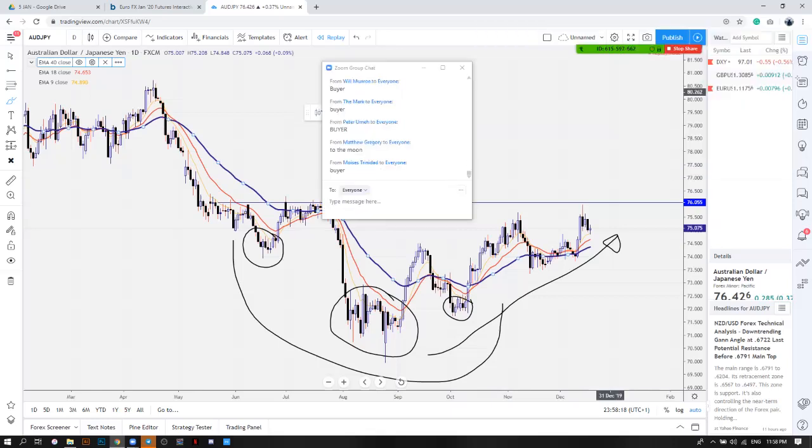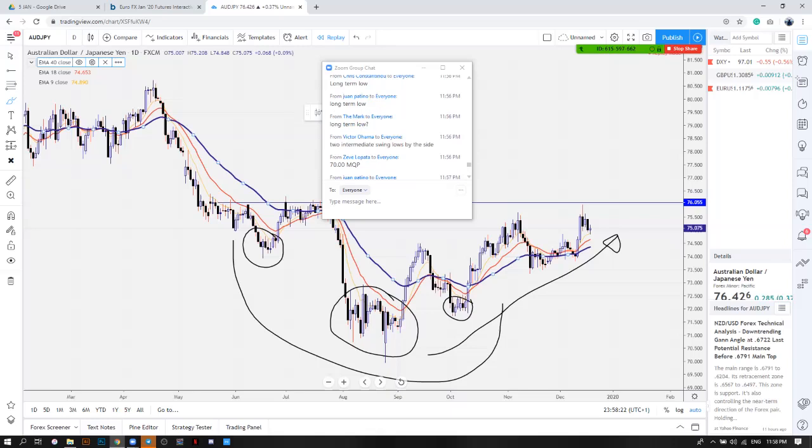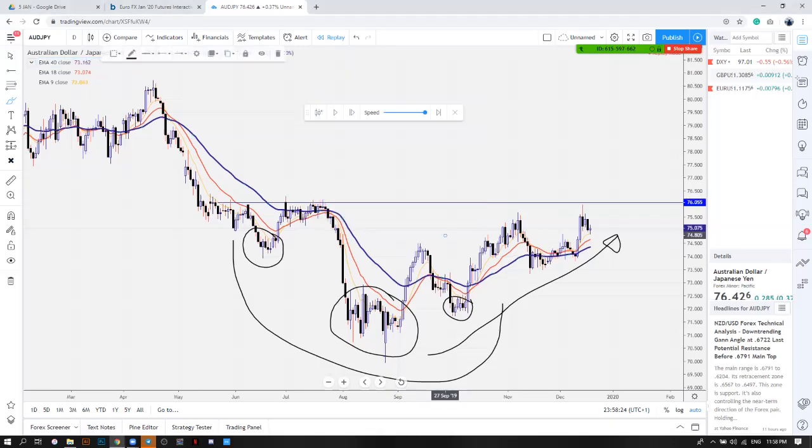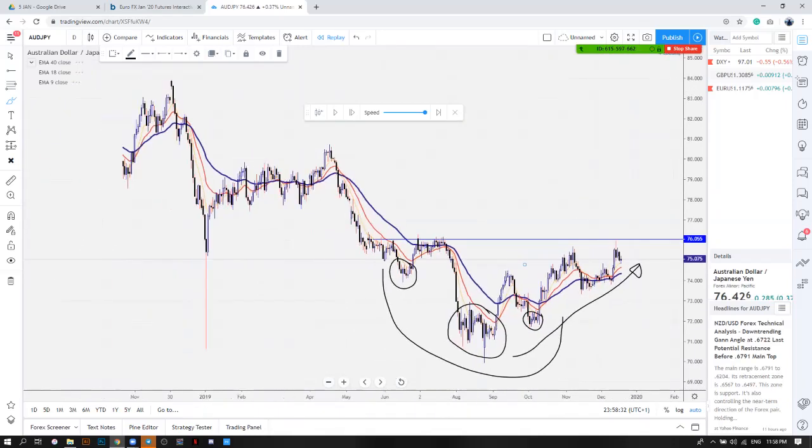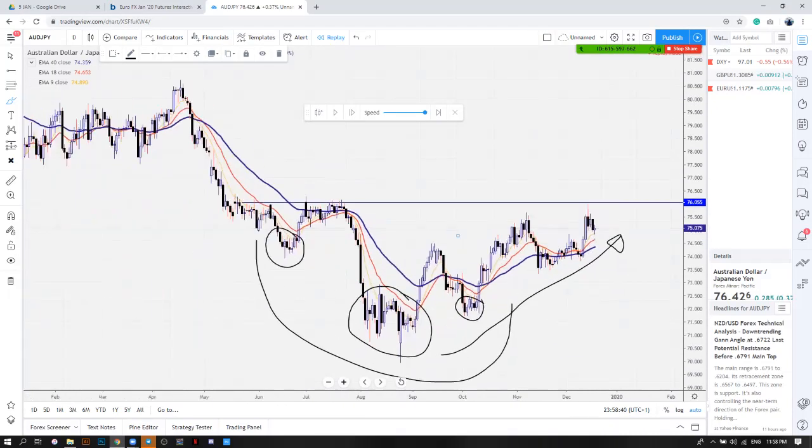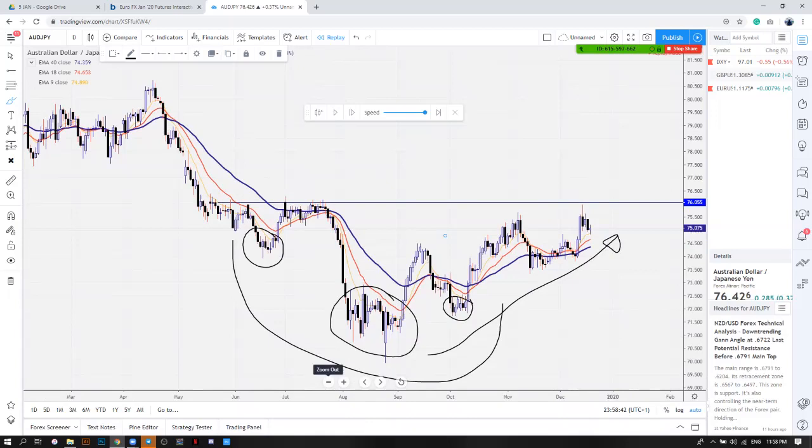All right, buyer to the moon, exactly. Everyone agrees we want to buy. So we're going to buy because number one, we have a long-term swing low. I told you, if we have a long-term swing low, where are we looking to reach for? A long-term swing high.